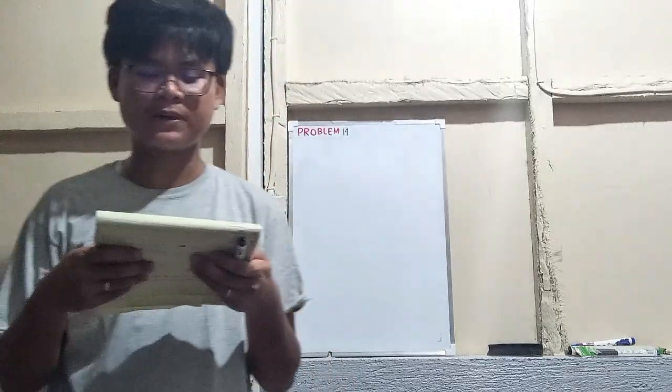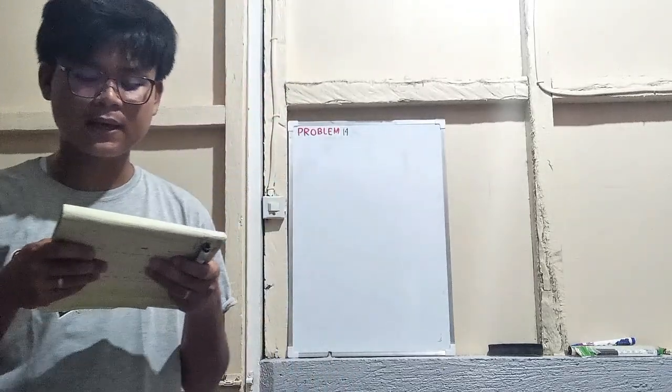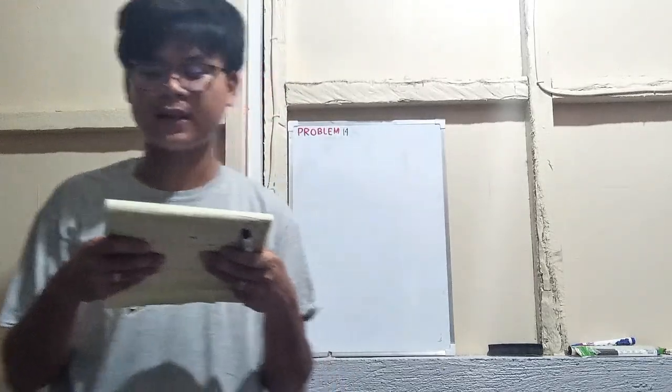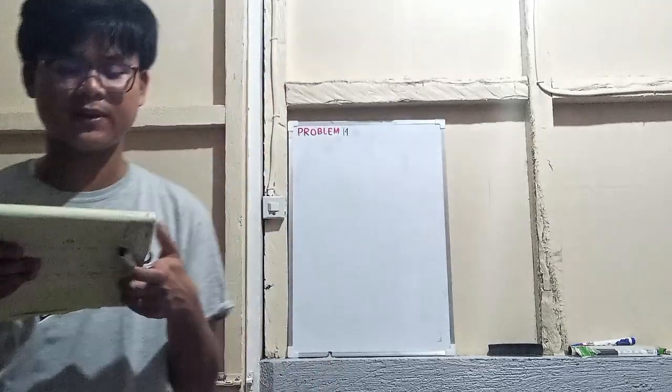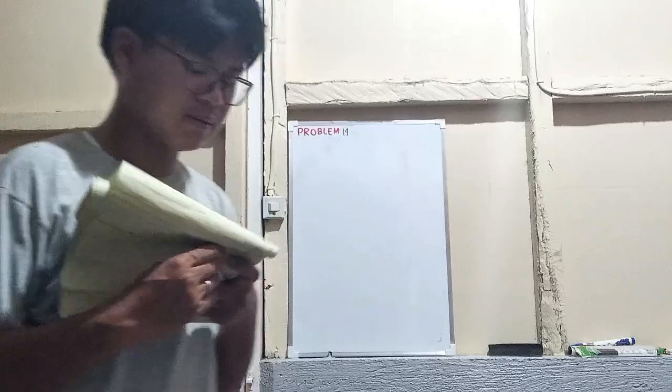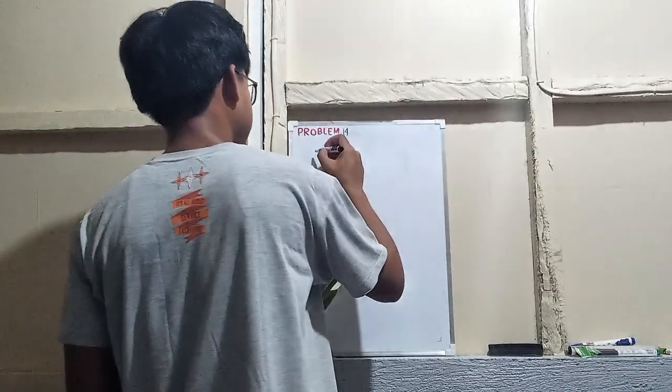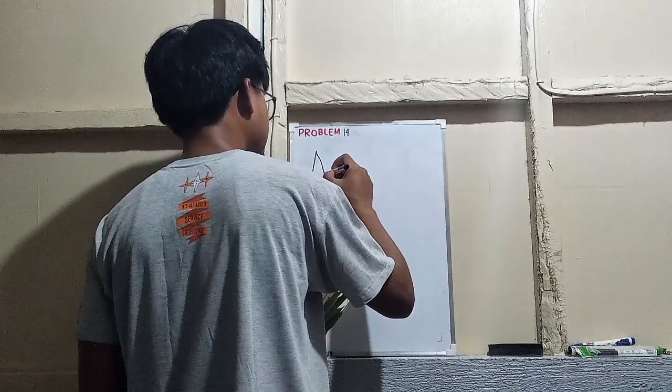The height of a triangle is increasing at 2 cm per second, and the base is 10 cm. It is constant. How fast is the area increasing when the height is 12 cm? So first, we'll draw a triangle and identify its given.